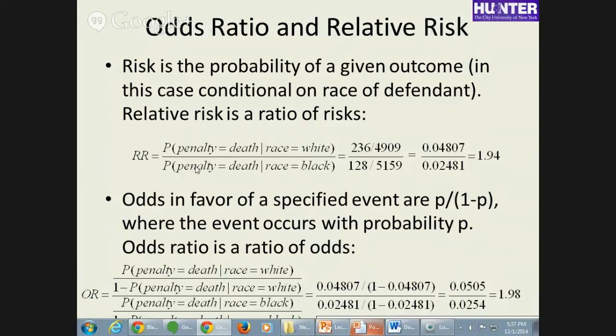Really, what you're getting at is risk ratio is actually a more intuitive measure, because this you can read as white defendants are 1.98 times as probable or as likely to receive the death penalty.